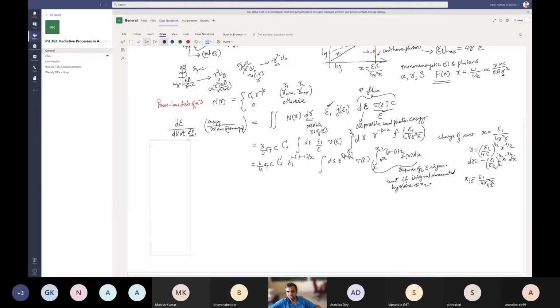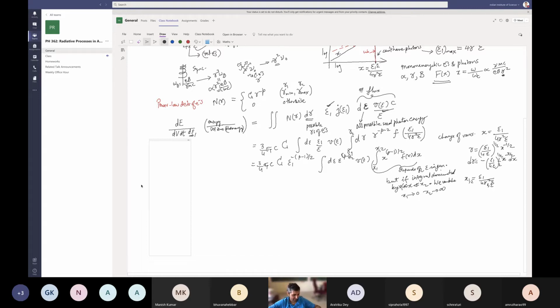Then this is not a function of epsilon. In that case, we can take x1 to 0 and x2 to infinity, because the integral is actually dominated by intermediate x's. In that case, this is independent of epsilon, and this will give you a number which can come out.